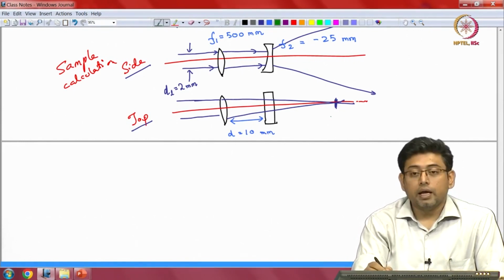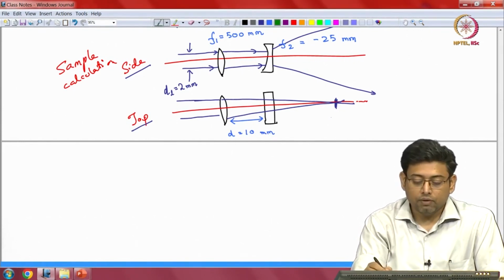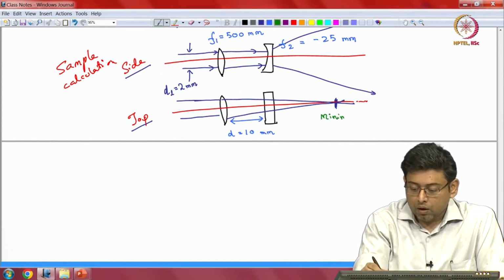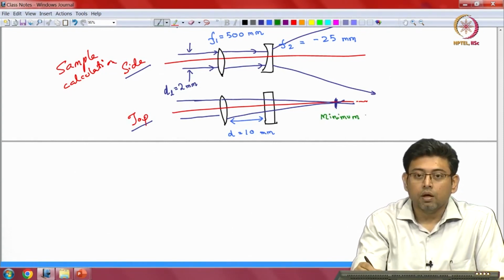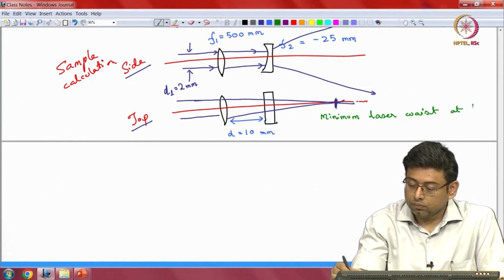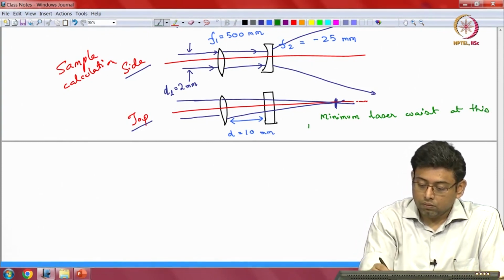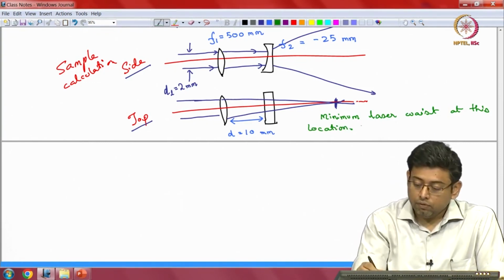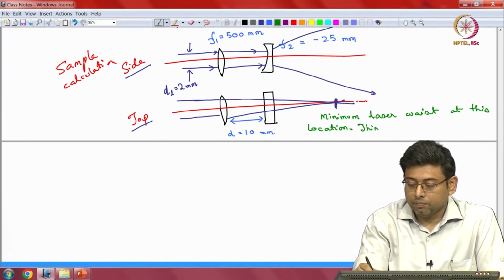This is the area where, in practical reality, you have the minimum laser waste. You have the minimum laser waste at this location, and this is the ideal location for your experimental test section.